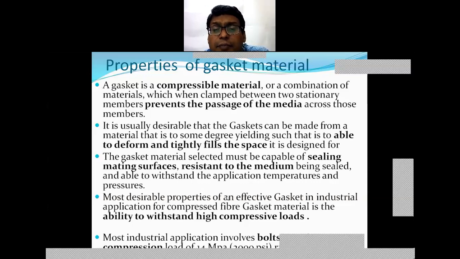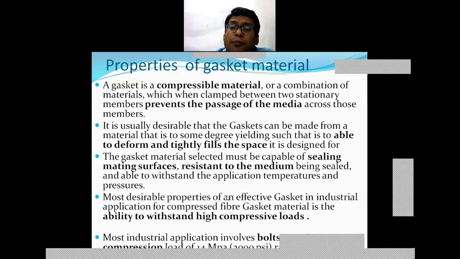The gasket material selected must be capable of sealing the mating surfaces, resistant to the medium being sealed, and able to withstand the application of temperature and pressure. So it should be able to seal, it should be resistant to the medium, that is the operating fluid, and it should be able to withstand the temperature and pressure conditions.